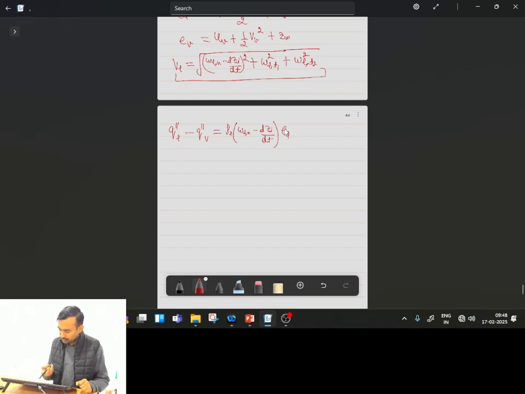Let me write it as EL only for the moment. Plus, minus rho V into WVN minus dzi by dt into EV.